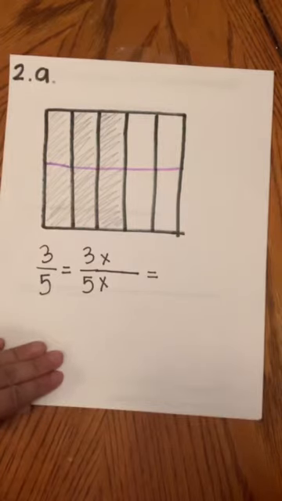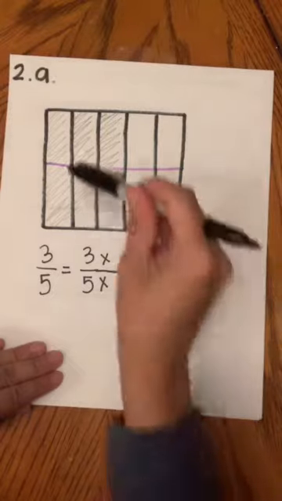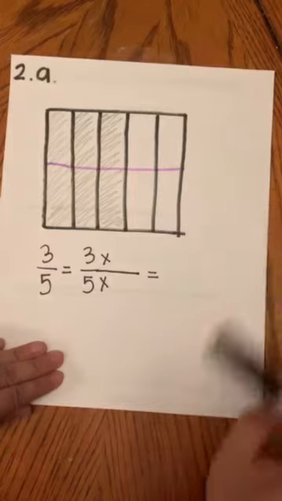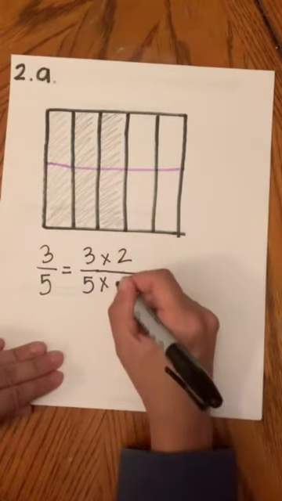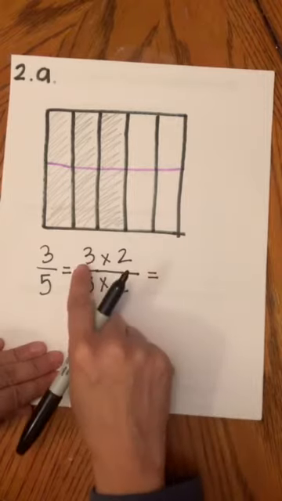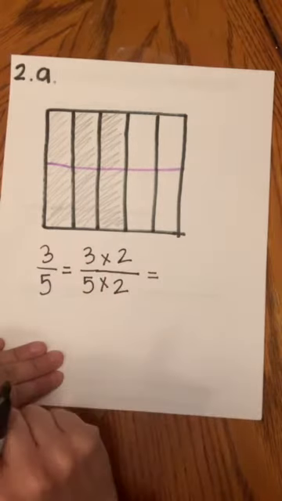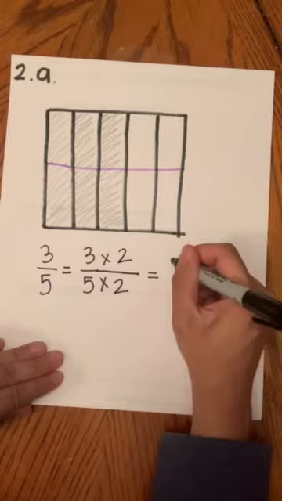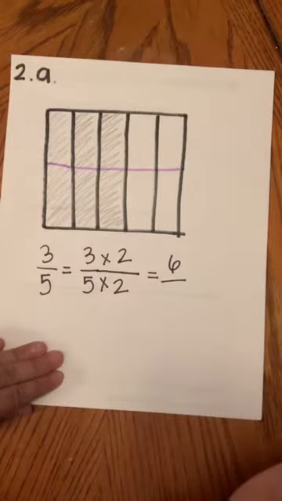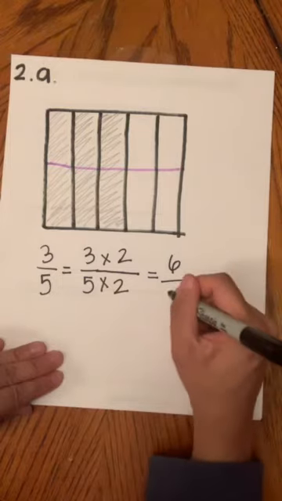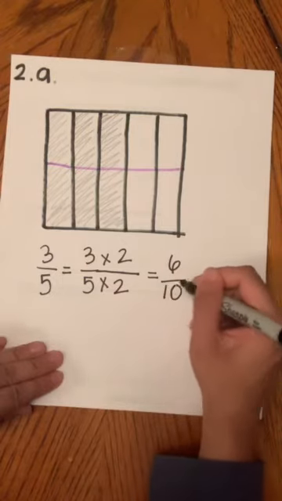Well, after I decompose my fraction, I made 1, 2 rows. So I'm going to go ahead and multiply by 2. 3 times 2 is 6, right? And 5 times 2 is, yep, you got it, 10.